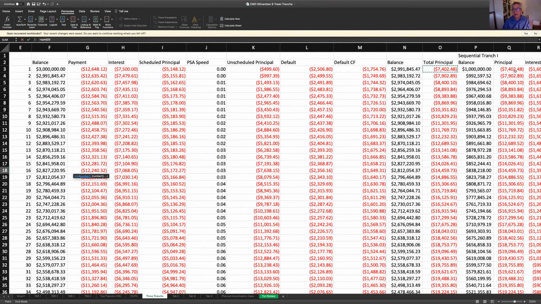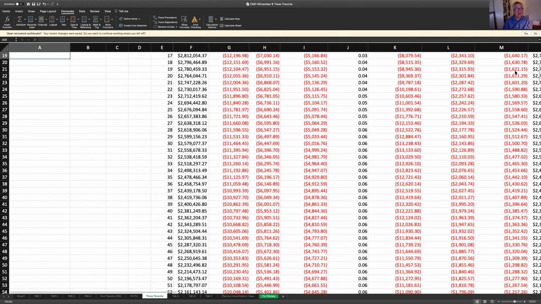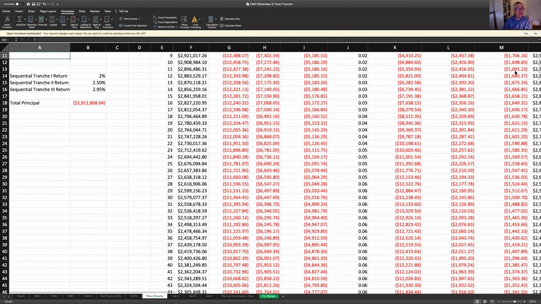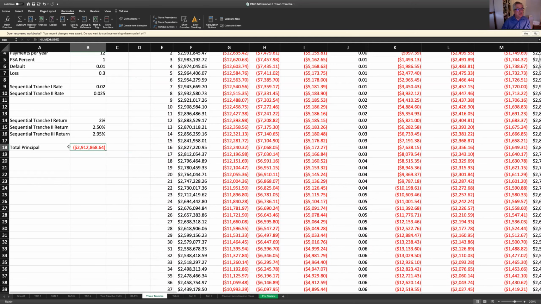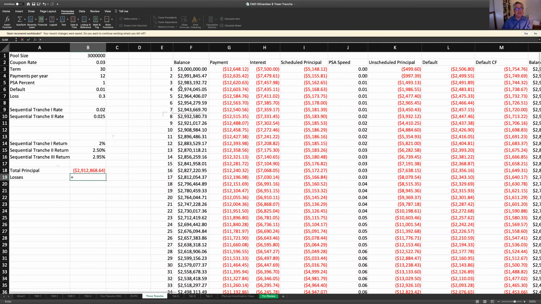entire security. And what we get is $2 million, so our losses are going to be, okay, what was our initial balance of that security? It's 3 million and then less.